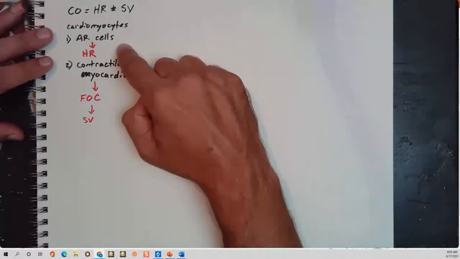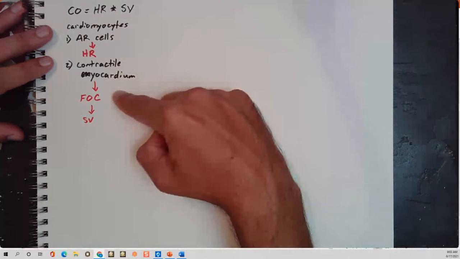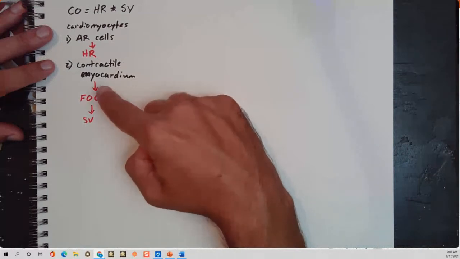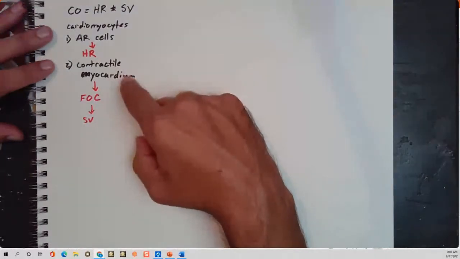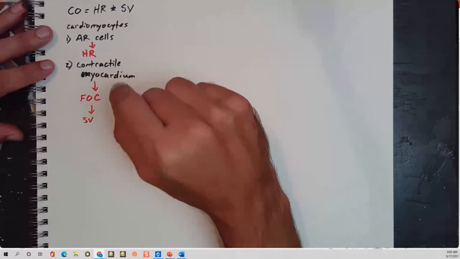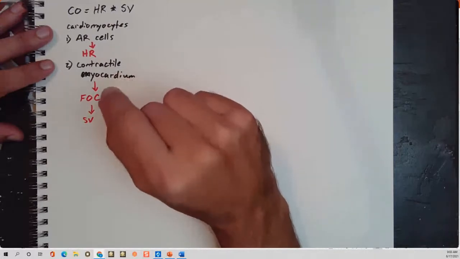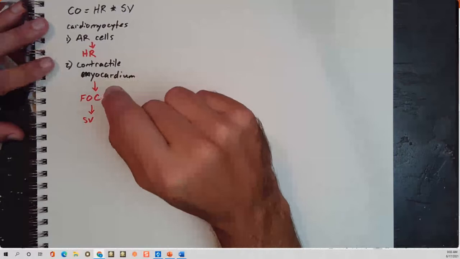Now, for each one of these, we've been learning about action potentials. There's an action potential for an autorhythmic cell. There's an action potential for a contractile myocardium. You guys should be able to draw that for your exam next weekend. And not just draw it, but understand each part of it. You're going to need to tell them exactly when the gates are open, exactly when the gates are closed.